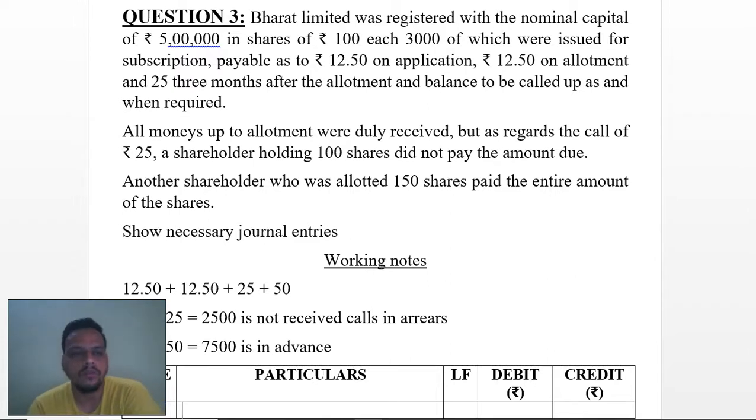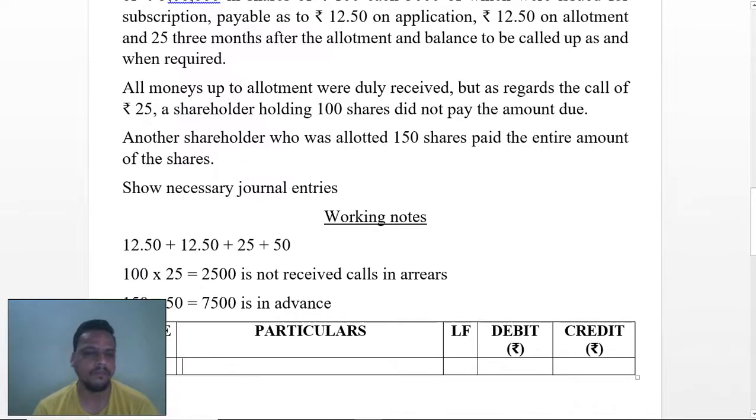So 2,500 is not received, it is calls in arrears. Whereas one shareholder paid an extra amount which has not been called up, of rupees 50, so he paid 7,500 in advance. So let's begin with the entries one by one.